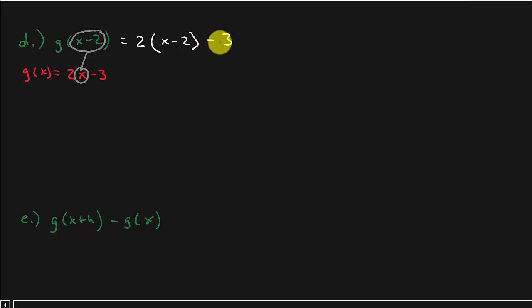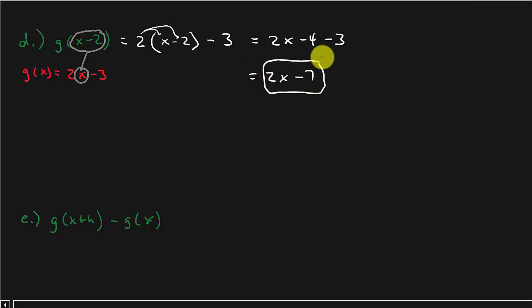And then we clear the parentheses. That's going to be 2x minus 4. And that's that. And then minus 3. So that's going to be 2x minus 7. And there's your answer.